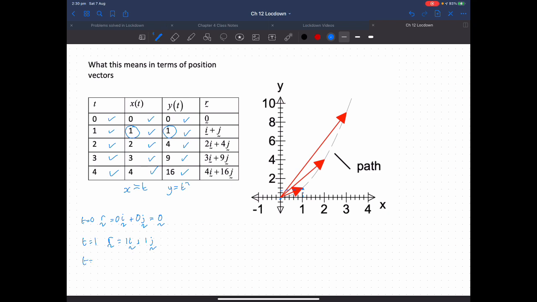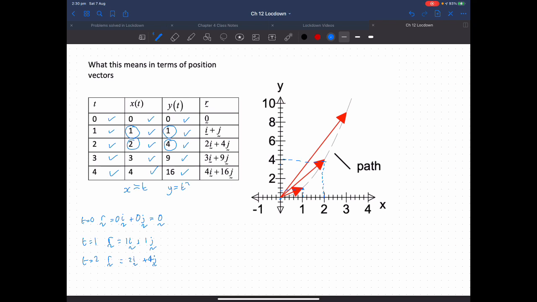If I had t equals 2, the position vector is, just looking at my table, 2 in the i direction plus 4 in the j direction, 2i plus 4j, and I've marked in the position vector. I've done a similar thing for the next one, 3i plus 9j. So you can see those position vectors along the path of travel.